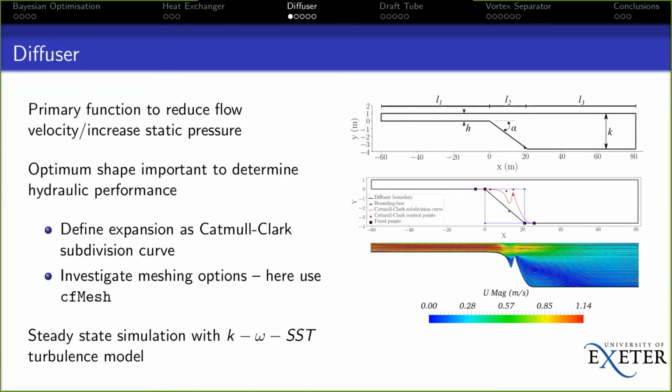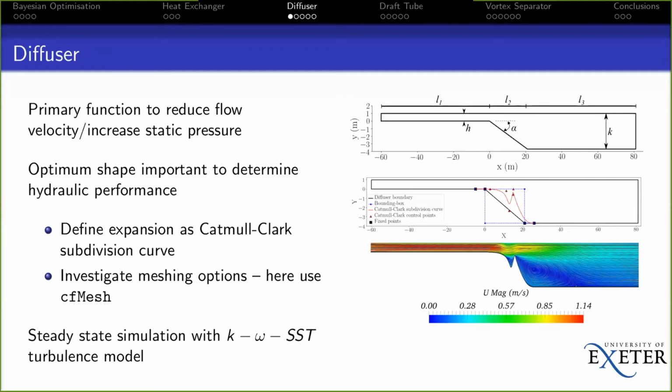A simple optimization would be to find the ideal angle alpha here for this flat surface. But a more complicated optimization might be to allow this surface, this line here, to be a curve of some description. And we've actually represented it as what's called a Catmull-Clark subdivision curve. Don't worry about this. I don't understand that bit either. Go and look it up if you want to understand about it.